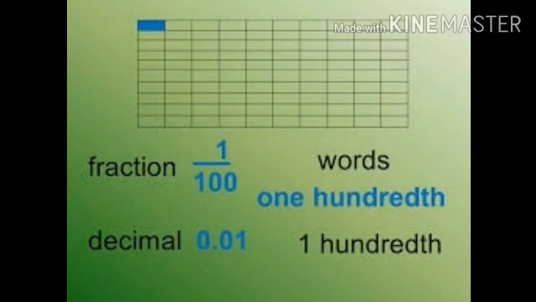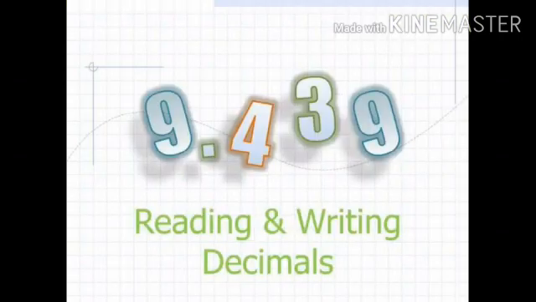Second digit is 1/100th. A rectangle is divided into 100 equal parts and if one part is shaded, it can be written as 1/100 in fractional form and in decimal form it can be written as 0.01.